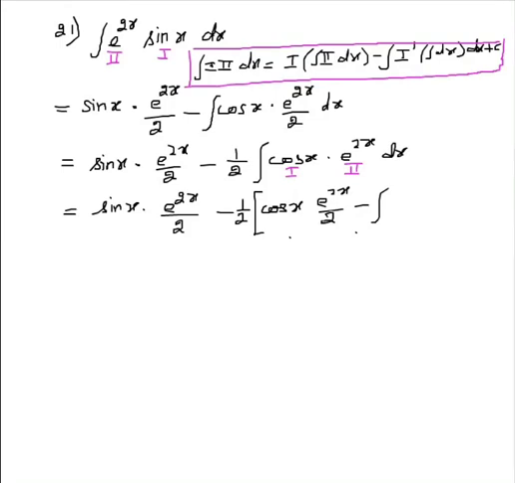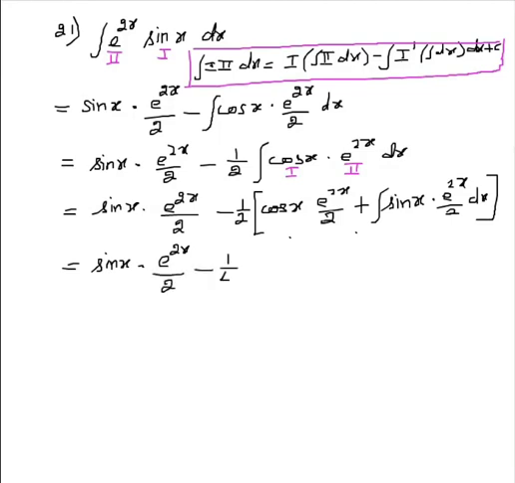Differential of cos x is minus sin x, so minus of minus plus sin x into e power 2x divided by 2 dx. See, now we got e and sine function in this integral. The question also has e and sine function. Okay, let us open the brackets and write sin x into e power 2x divided by 2.